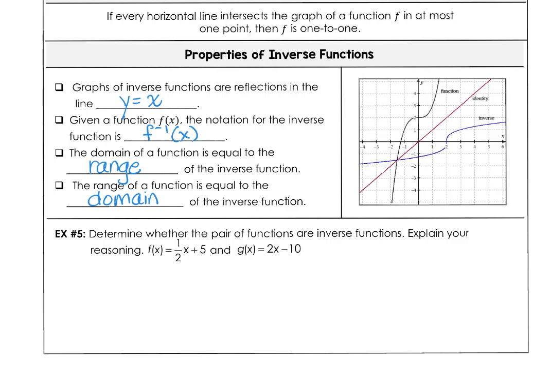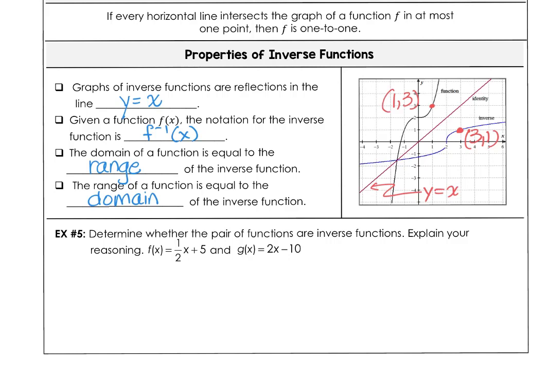And here we can see those properties again. This is our line y equals x. It's the diagonal or identity function. Here you can see the ordered pair 3, 1 is on the inverse, and that's true because the ordered pair 1, 3 is on the function.